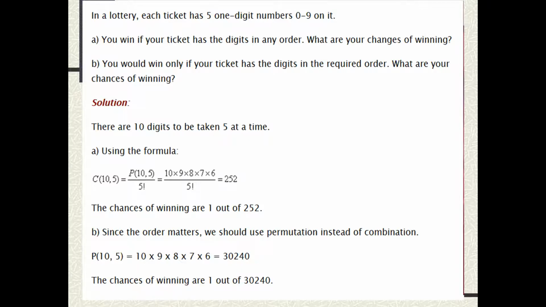So your chances of winning are 1 out of these possible ways, whereas in scenario A, your chances of winning were 1 out of the total possible ways, which is 252. So you can see that in scenario B, your chances of winning are lesser as compared to scenario A, because in scenario B, not only you need to have the winning numbers, but you also need to have them in the required order.